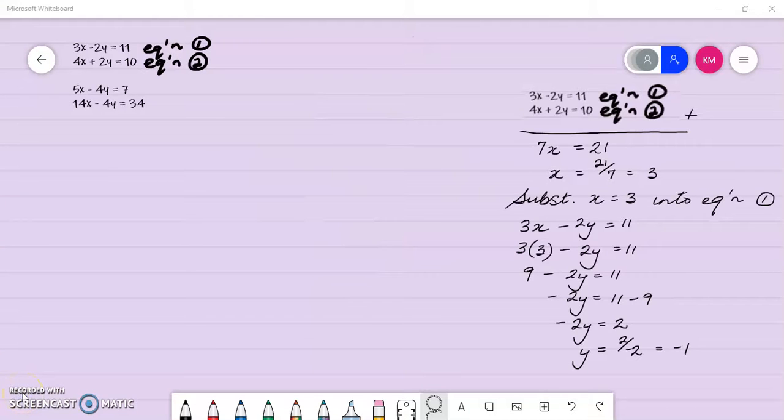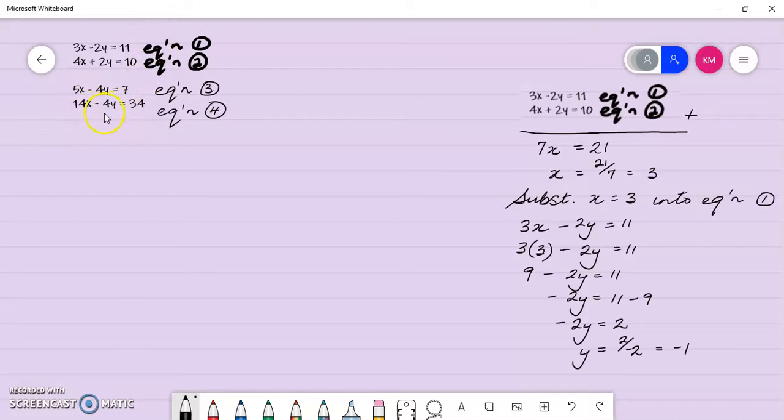Let's now solve for our second pair of simultaneous equations. I'm going to label my equations. So this here is equation, I can call it equation 3, and I can call this one equation 4. So let me examine my equations.